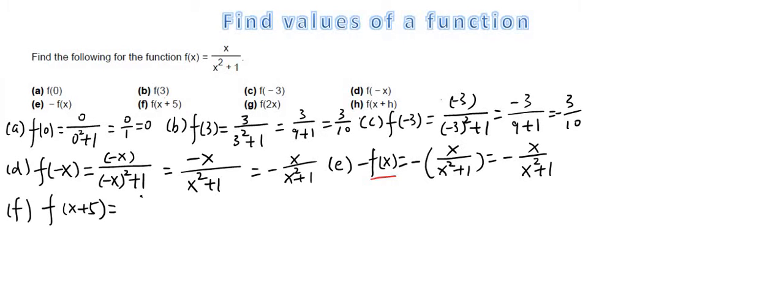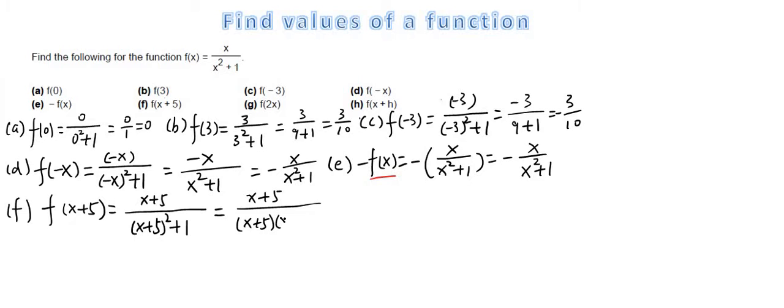So we have x plus 5 on top, and here this x gets replaced by x plus 5 squared. We know x plus 5 squared can be written as x plus 5 times x plus 5, plus 1.